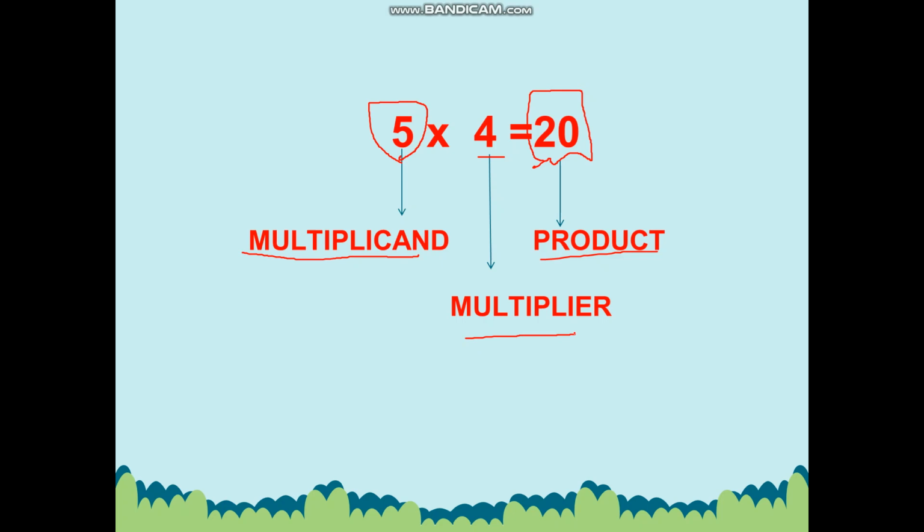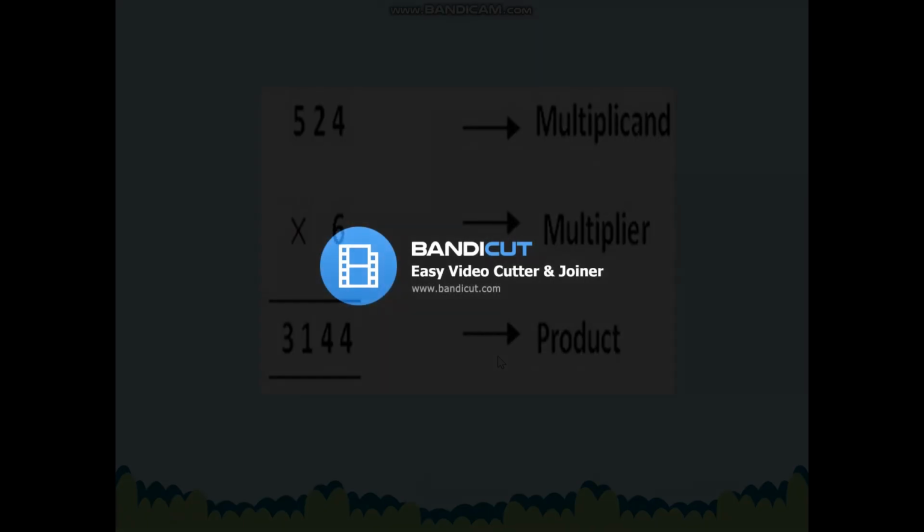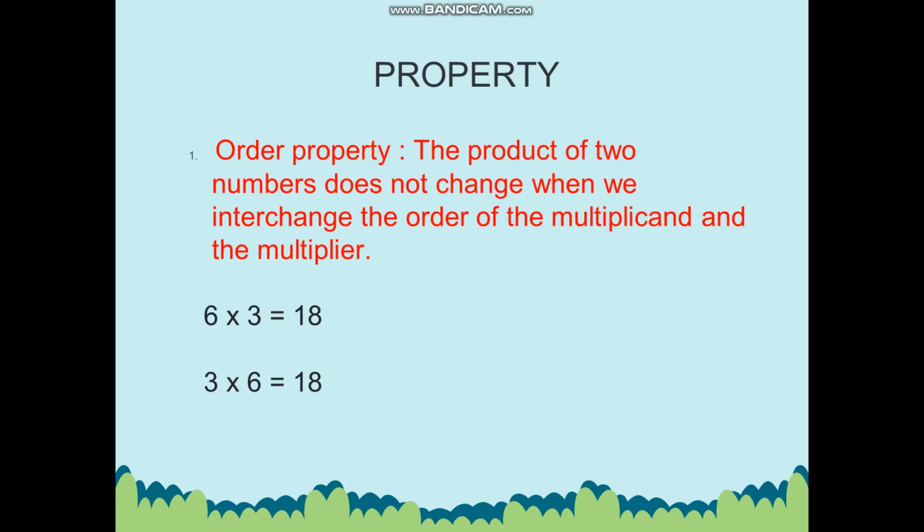So now let us study the properties of multiplication. You can see multiplication can be written in this way also: multiplicand, multiplier, and the answer is the product. The first property says that the product, the answer you get after multiplying two numbers, does not change when we change the places of the multiplicand and multiplier.